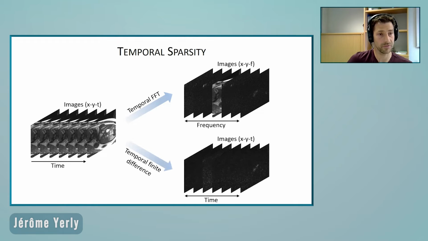Another very efficient way to sparsify the images along time is to apply finite differences. Here, basically, all the static tissues will be 0, and the only non-zero pixels or data will be where we have physiological motion, basically.